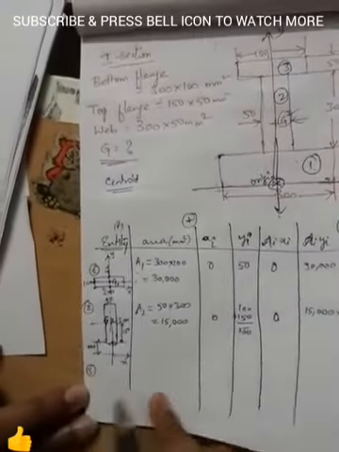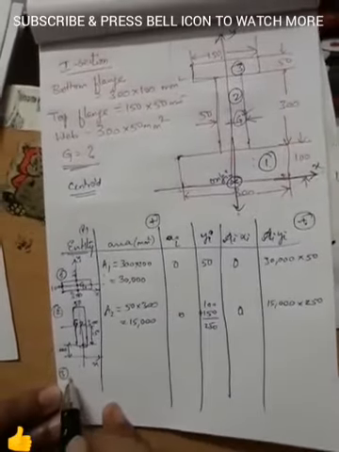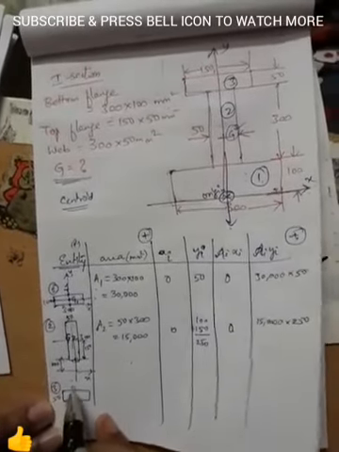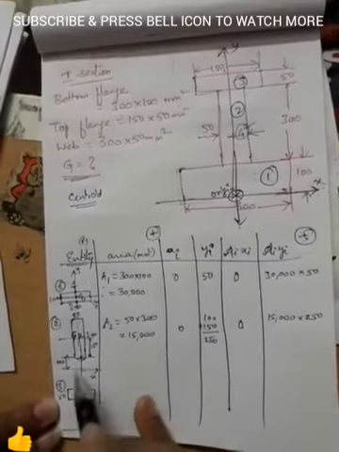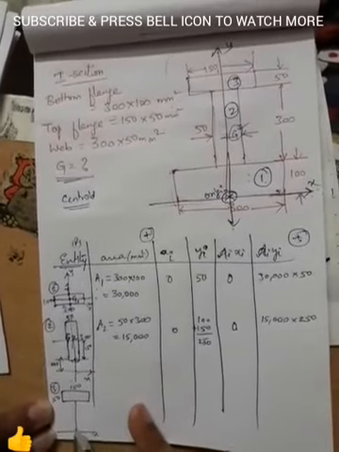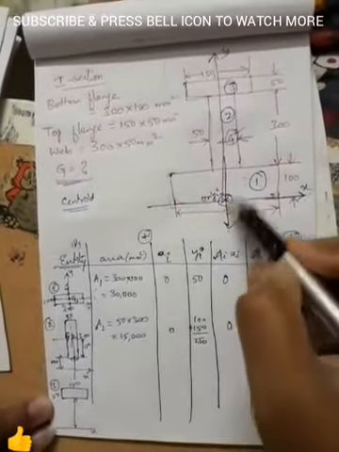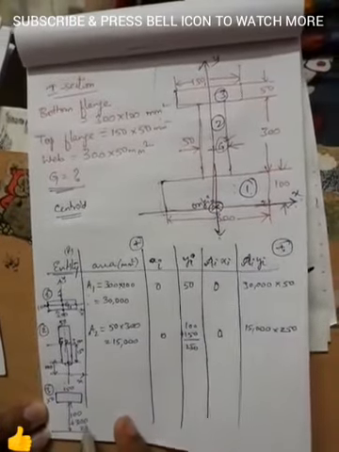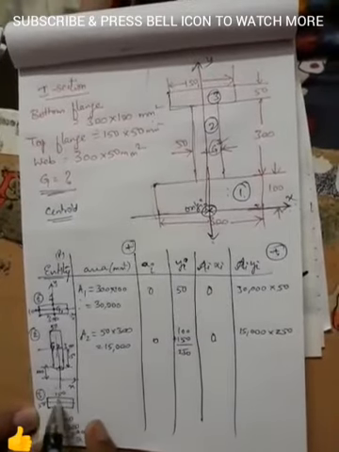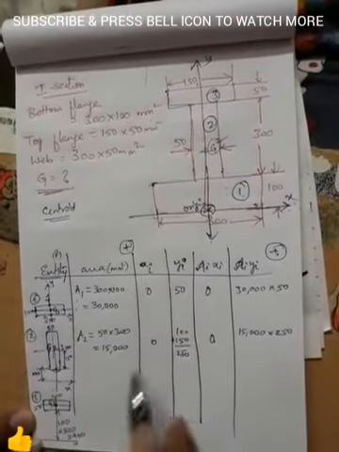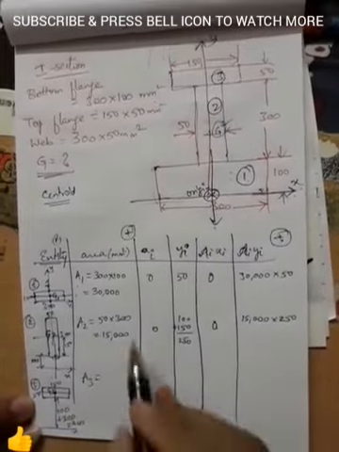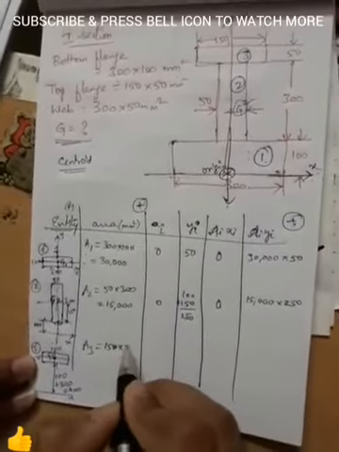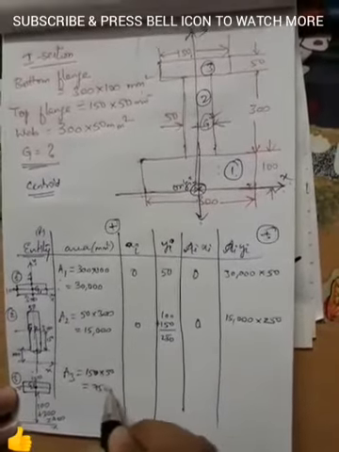Now let us check with the third object. Here we have 50 by 150. The x-axis is somewhere here. What is this distance? This distance is 100 plus 300, which is 400. Where will be G3? The center point of this. So the area of this particular top flange is 150 into 50, which is nothing but 7,500.